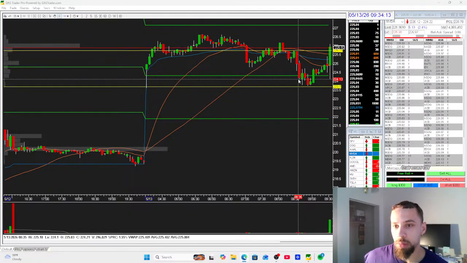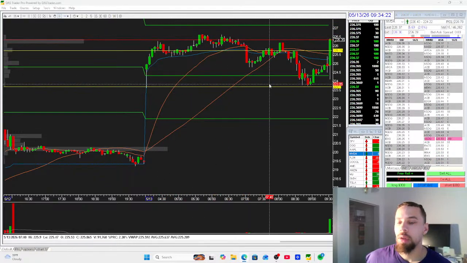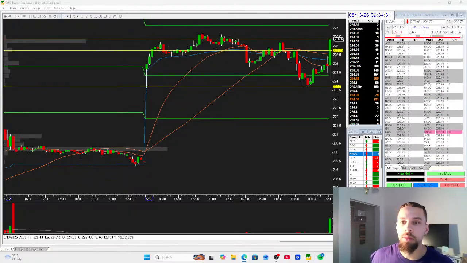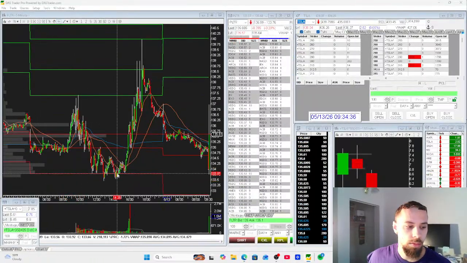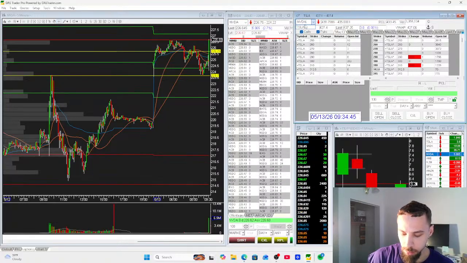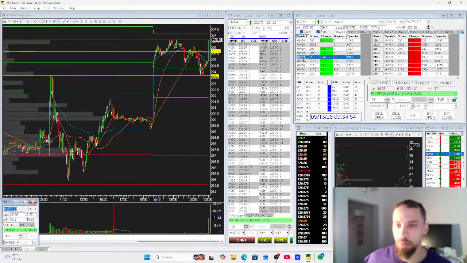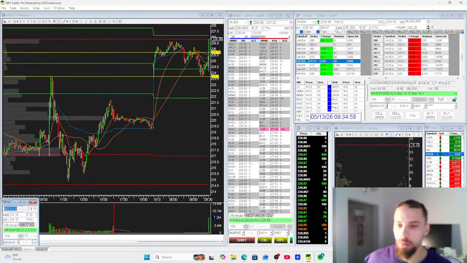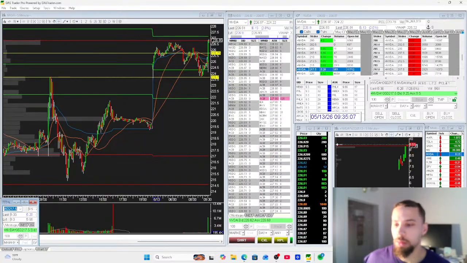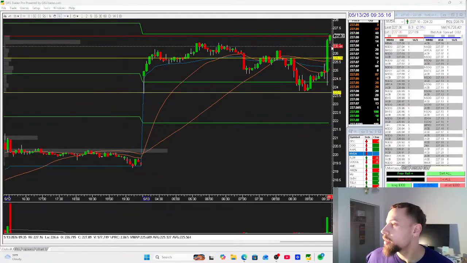It looks really bullish, the price action to me. So very bullish 5-minute candle there for Nvidia.